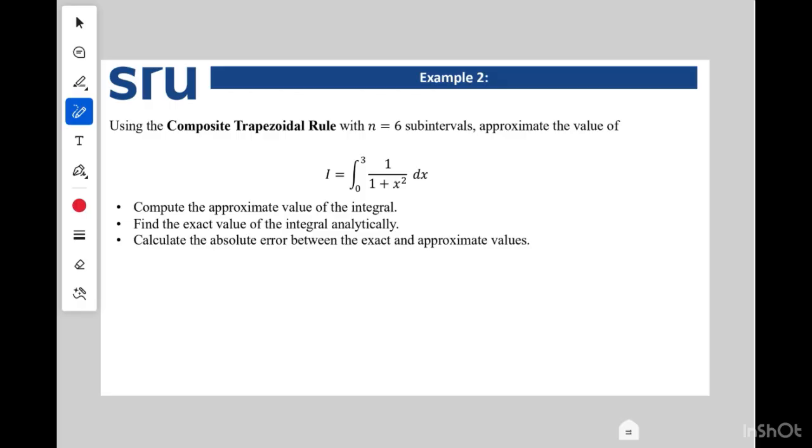The question is to compute the approximate value of the integral. First we use the composite trapezoidal rule, then find the exact value of this integral, and then calculate the absolute error between the exact and approximate values. So let us start.